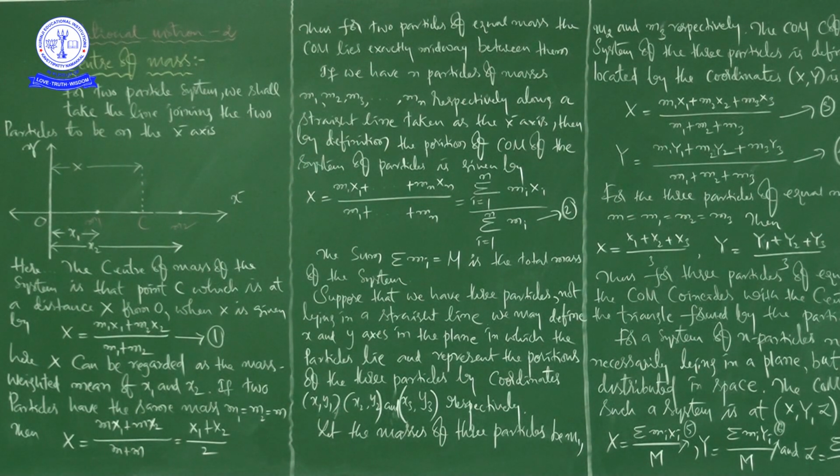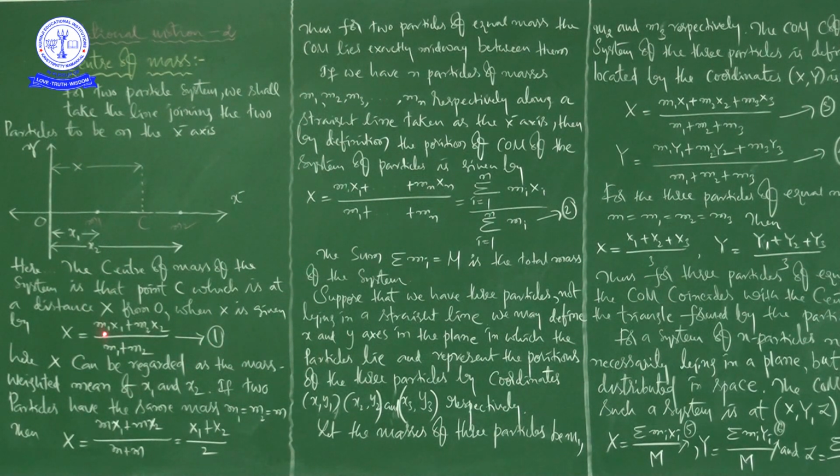Okay, right. Now if you concentrate here, what about the position of center of mass? See here, the center of mass of the system is that point C, which is at a distance x from O, where x is given by x = (m1 x1 + m2 x2) / (m1 + m2). This is equation number 1.